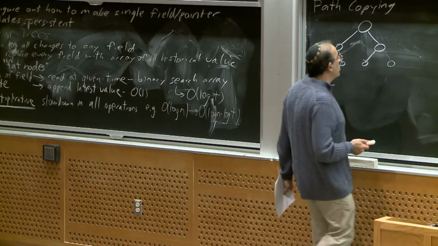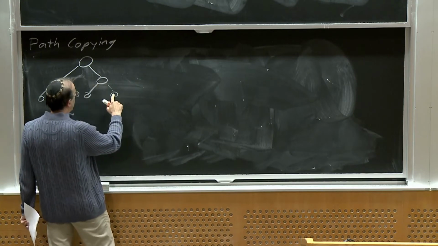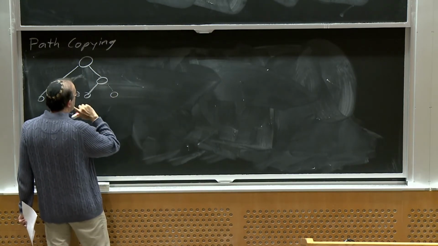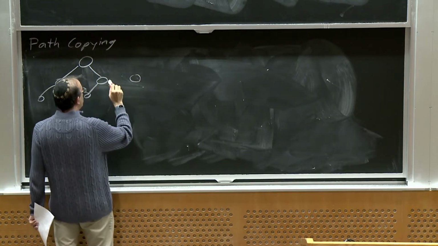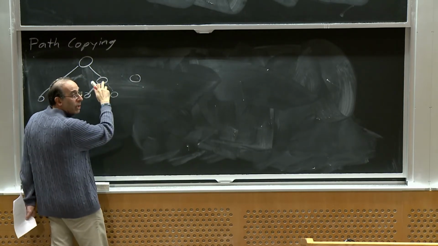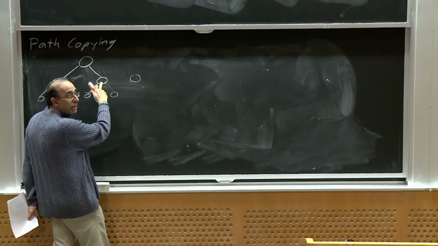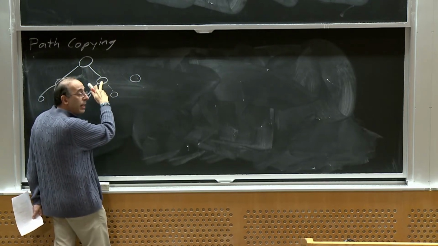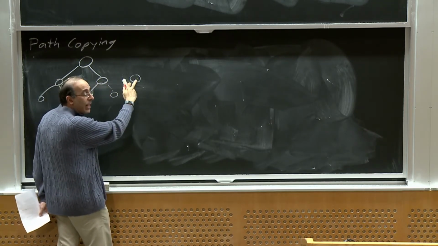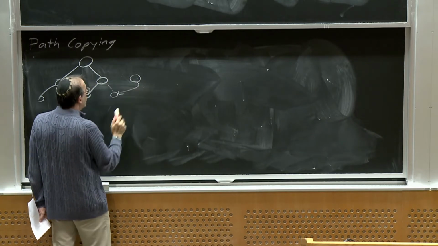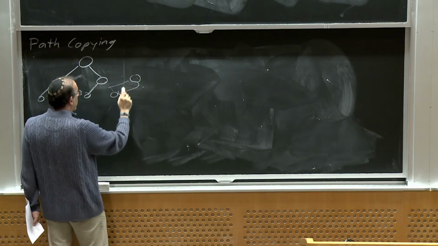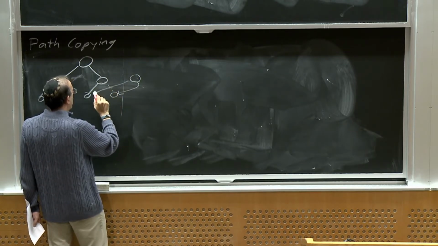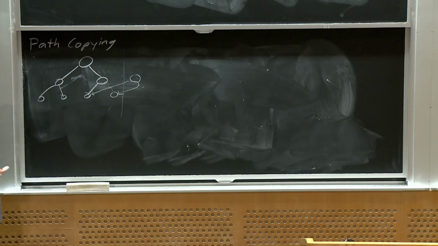So what I can do with path copying is say, OK, I want to insert a node here. That means I need to get a new representation of what used to be an ancestor with an empty child, right? I need to create a new ancestor that actually points at me. But instead of making a copy of the other leaf, I can just use the original leaf because it hasn't changed.